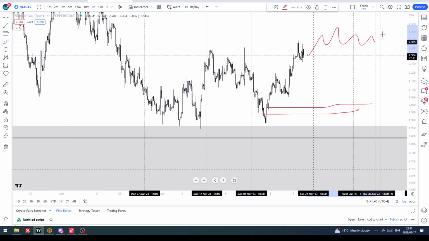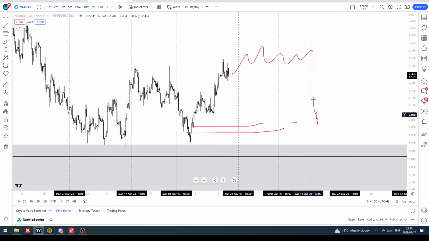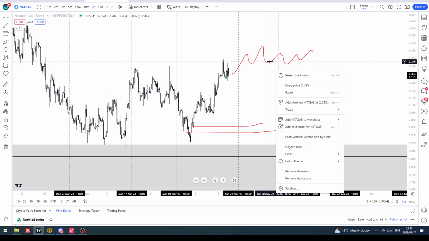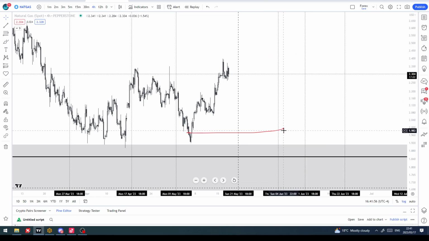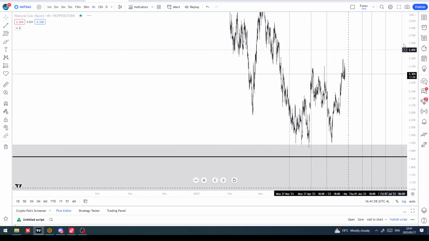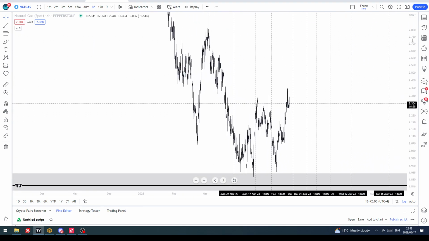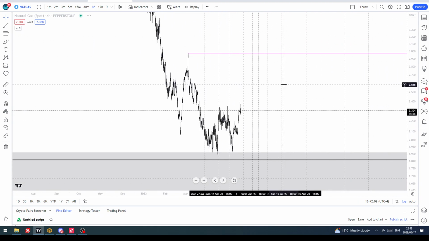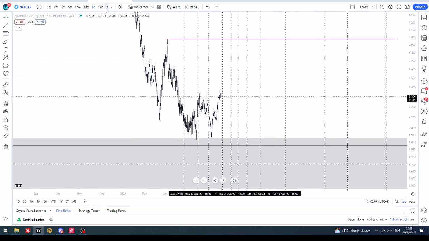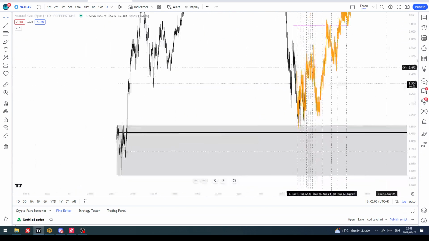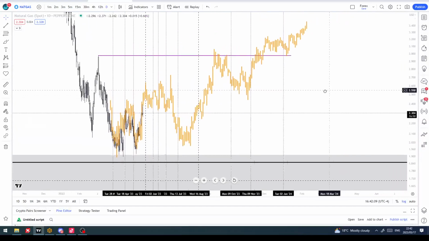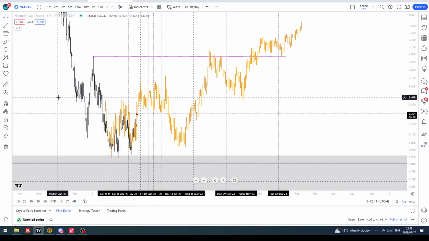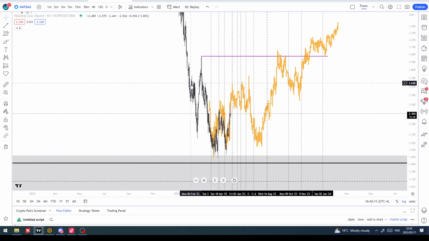Even if it does this, whenever it gets back here, that's where you need to be, because the $2 is where you take it to 380 over however long. See that? Yep.